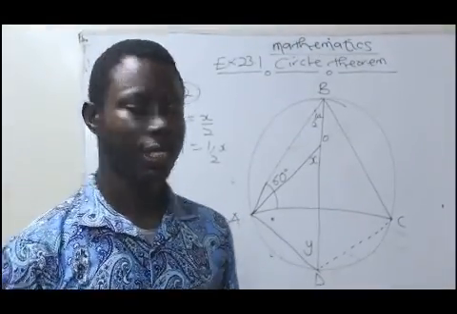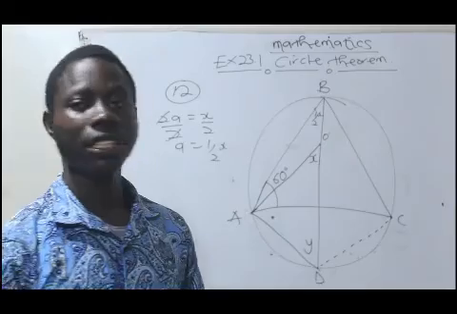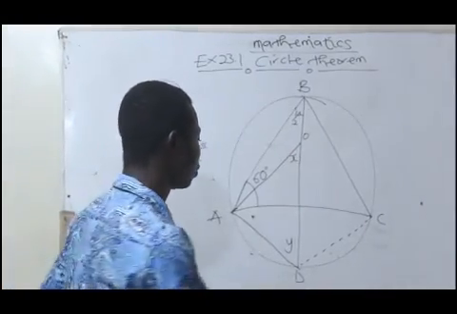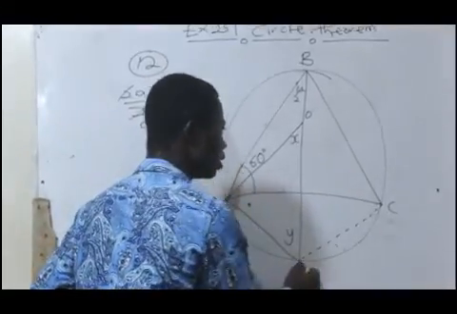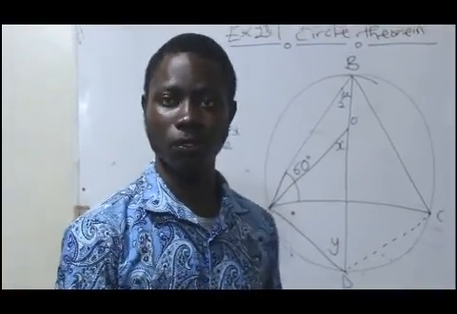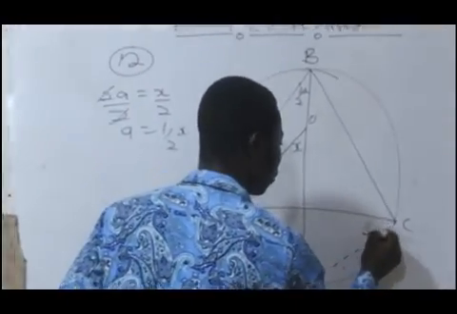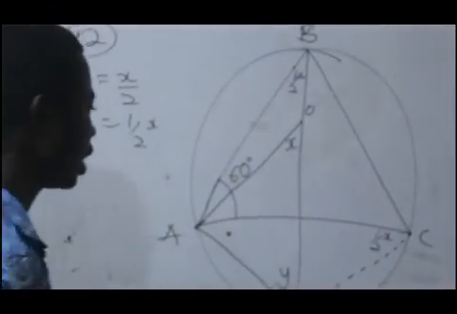In this case, the same chord AD is subtending two angles, angle ABD and angle ACD. So they are both going to be half of X. If you have half of X here, you also get half of X here.